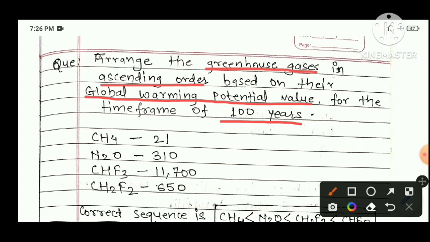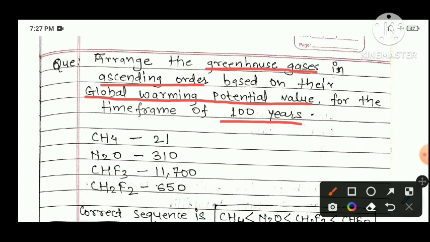As the time frame changes from 20 years, 50 years, 100 years, their value also changes. Some have the potential to absorb heat for 20 years, some up to 100 years, and after that they lose their potentiality to absorb the heat. So particularly in the question the time frame of 100 years was given.